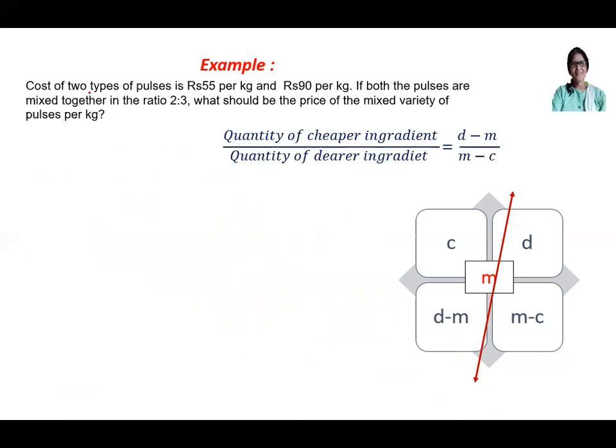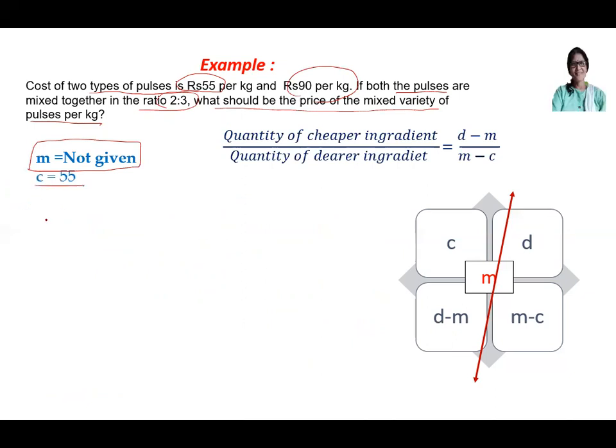Next question. Cost of two types of pulses is 55 per kg and 90 per kg. If both the pulses are mixed together in 2 by 3 ratio, what should be the price of the mixed variety? So here in this question, M, the mixed price, is not given. C is given 55, D is given 90, ratio is also given 2 by 3.